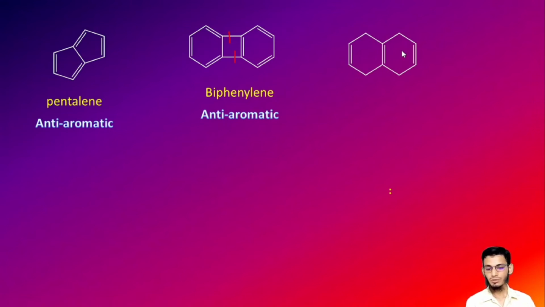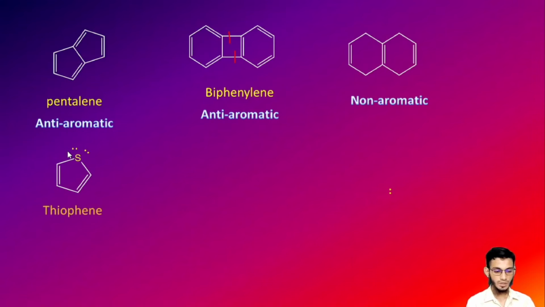Yes, it has 4n plus 2 pi electrons, but it is not in conjugation. So remember, in non-aromaticity I have mentioned that if the molecule doesn't follow any one of the rules, whether it has 4n or 4n plus 2 pi electrons, it will be non-aromatic.